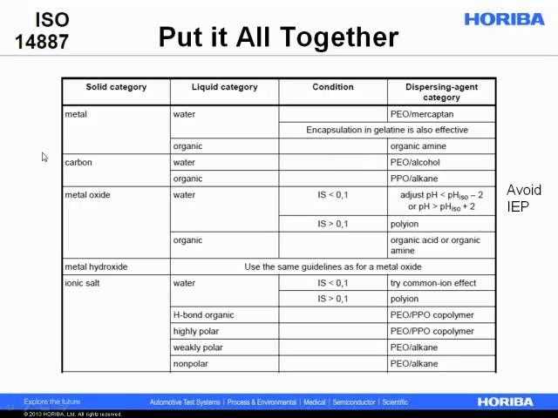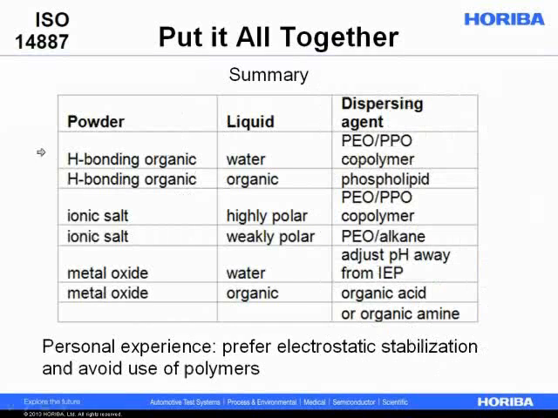It's a very valuable document, and certainly we keep it in our laboratories to refer to. So I could summarize it and say, if you're working with ionic salts and you're in a highly polar liquid, then you need to add a copolymer to make sure it disperses correctly. Whereas if I'm dealing with a metal oxide in water, just make sure you look at your pH and avoid the isoelectric point.